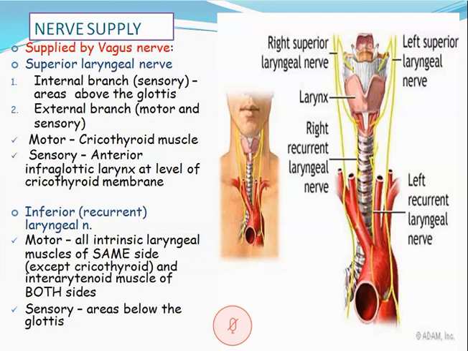The superior laryngeal nerve is one of the branches of the vagus. The internal branch, the sensory branch, supplies the areas above the glottis.